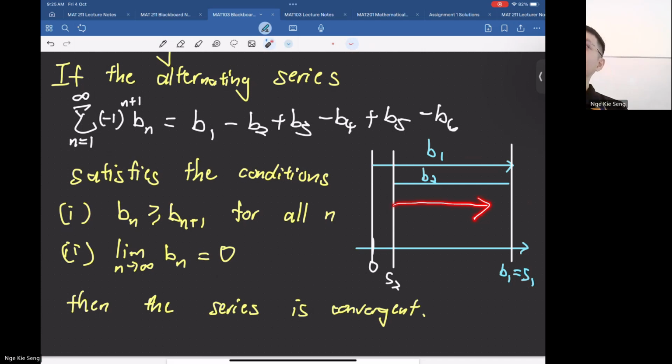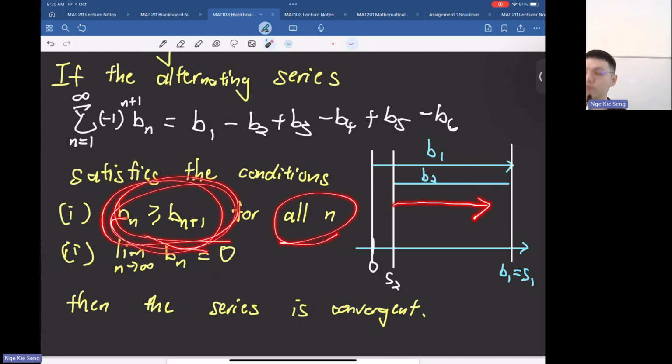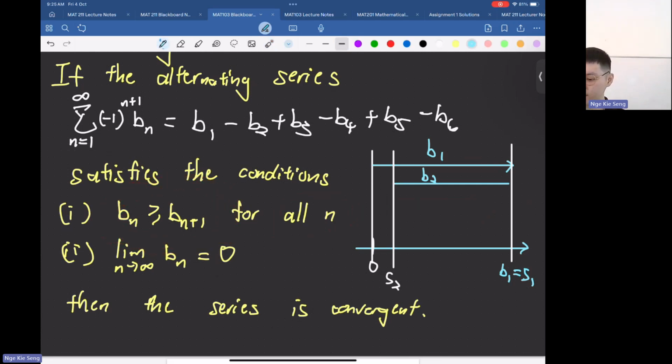At most B2. Because you need to read from here: this inequality is true for all n. So this implies B1 is greater than or equal to B2, and B2 is greater than or equal to B3.